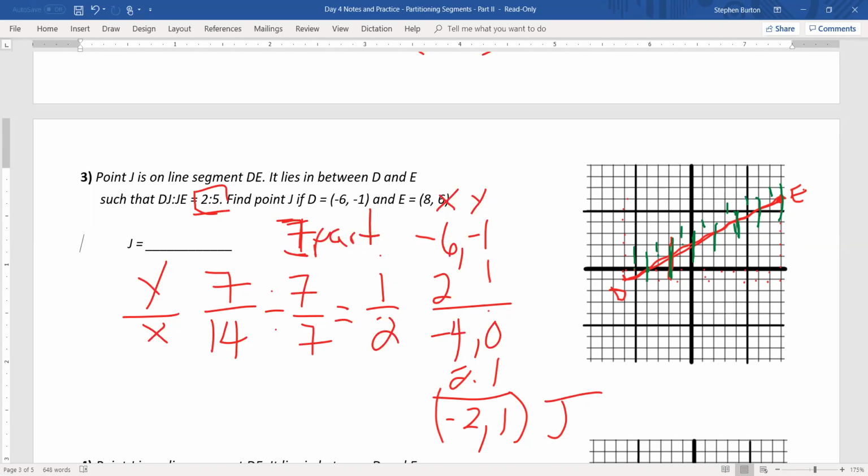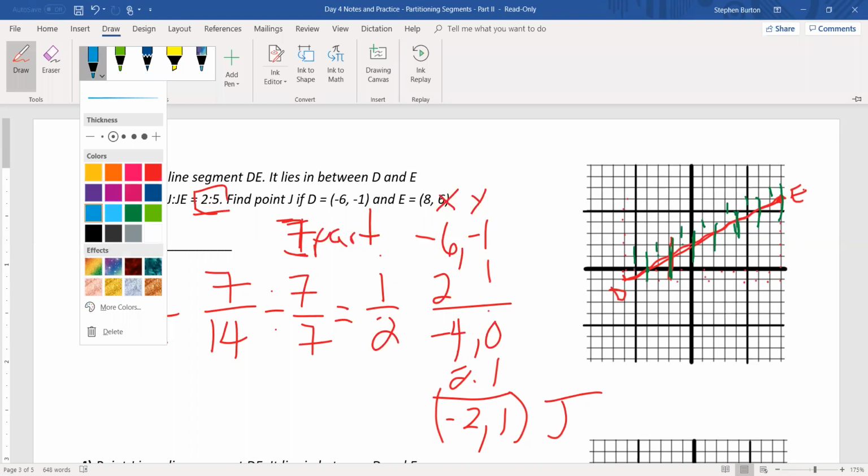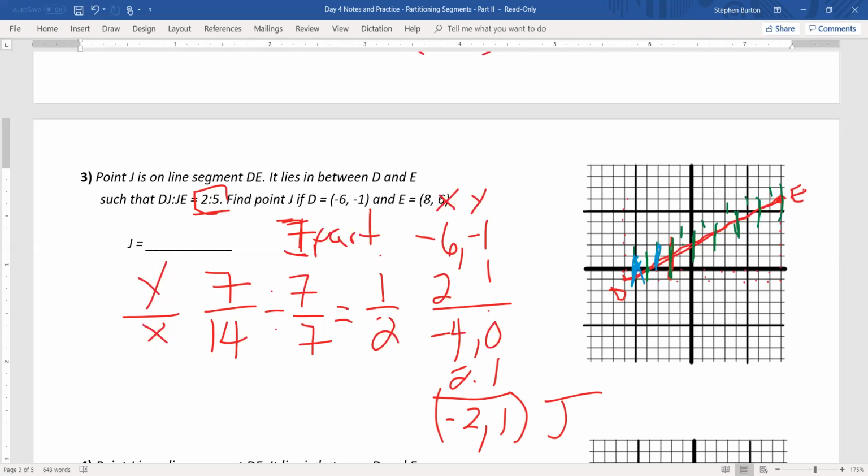And then we could just color them in if we wanted to. Here's one segment and here's another segment, and then there's the other 5 segments that are not colored in. And I divided that into a 2:5 ratio, with point J being right there at point -2, 1.